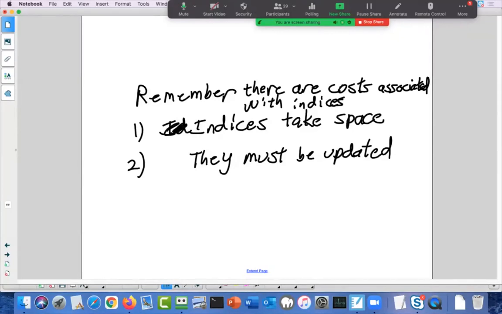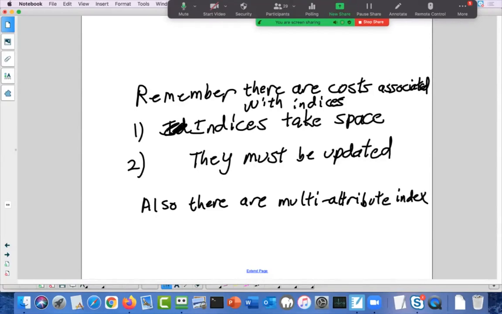There are also times when you might choose multi-attribute indices. A good example of a multi-attribute index would be in the room relation for our hotels. The room number by itself doesn't identify anything in a hotel, because the room number may refer to any number of hotels.